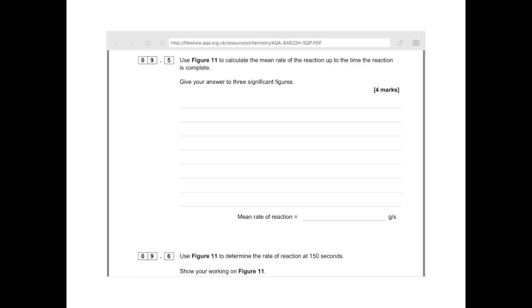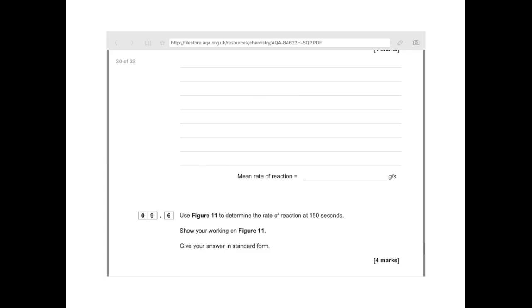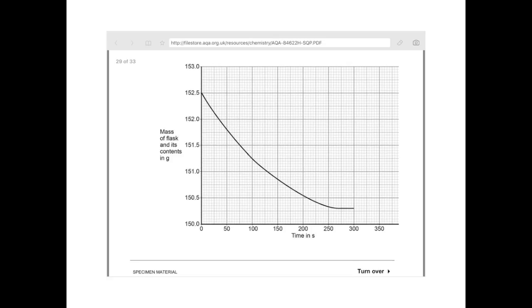Use figure 11 to determine the rate of reaction at 150 seconds. Show your working on figure 11. Okay, scrolling back up then, so 150 seconds, which is here. We need to work out the tangent. So you're going to use your ruler and draw a nice straight line on top of that. And because it's a rate of reaction, we need to work out the gradient, which is y over x. So m equals y over x.